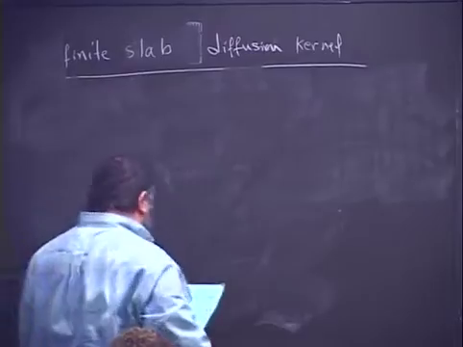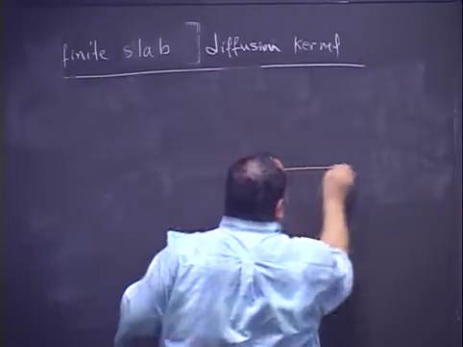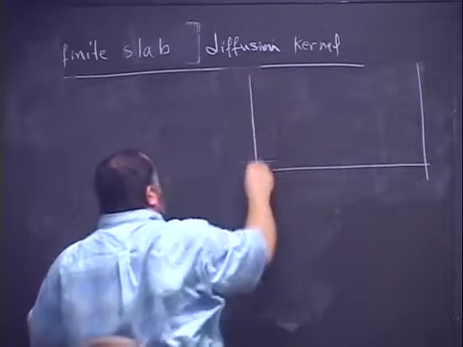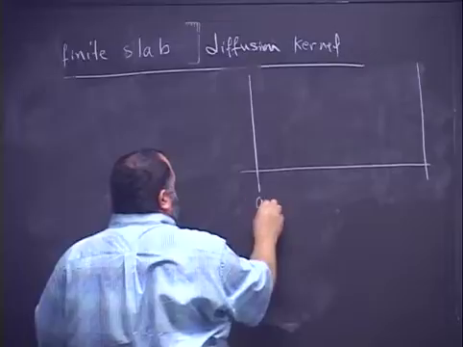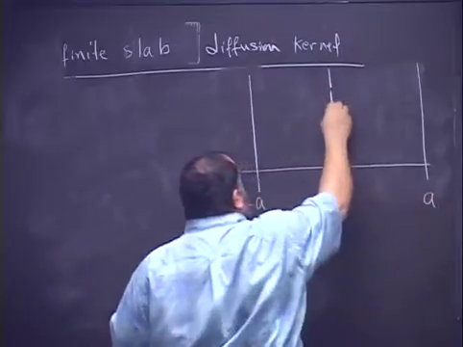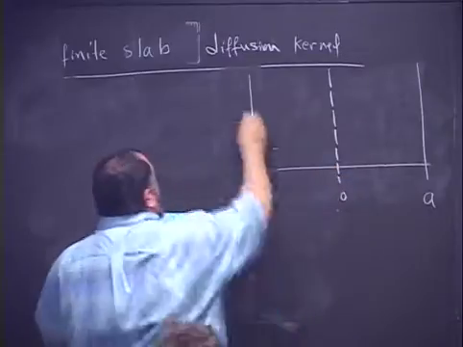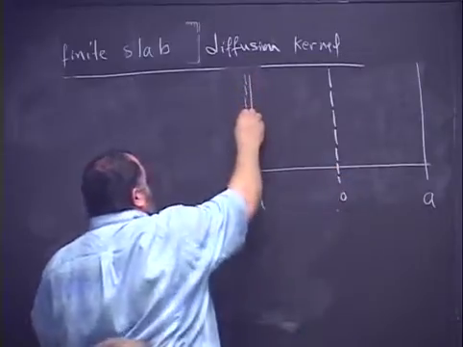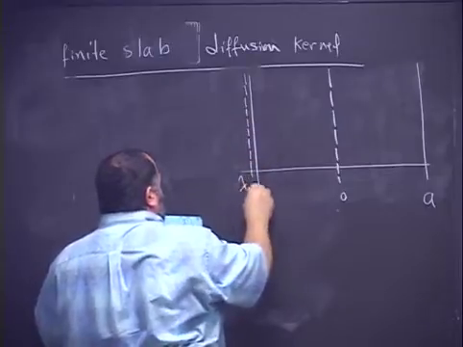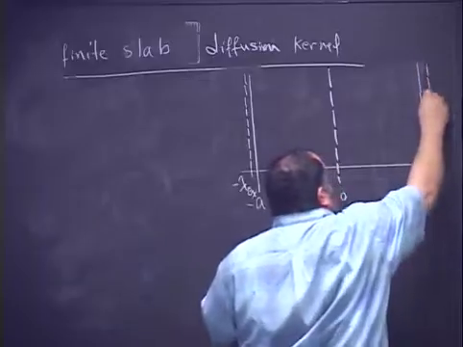This slab has borders at negative a and plus a, with 0 here, and then you have the extrapolated length here at negative and here at positive.